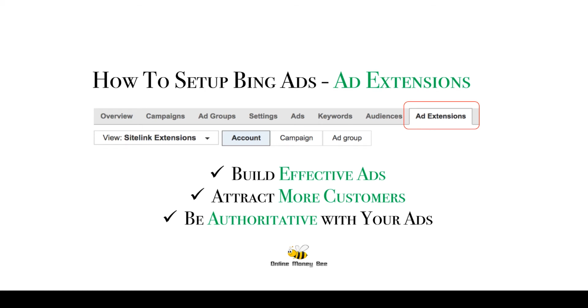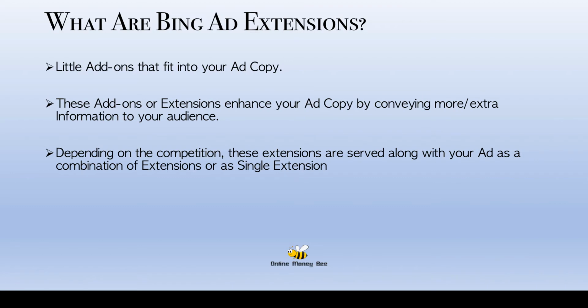So let's get started by understanding what these ad extensions are. If you have ever observed the search results on Bing.com, you might have realized that not every ad gets the same ad space.